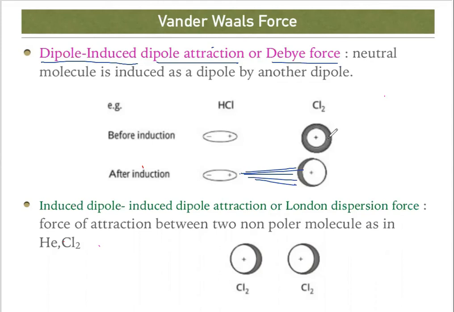So what happens? This negative charge is going to shift towards the positive charge of HCl. This case is known as induced dipole. Okay, I think it is clear to you.